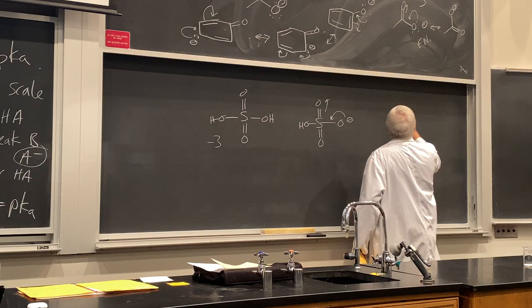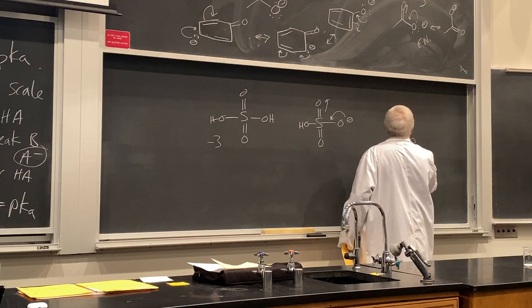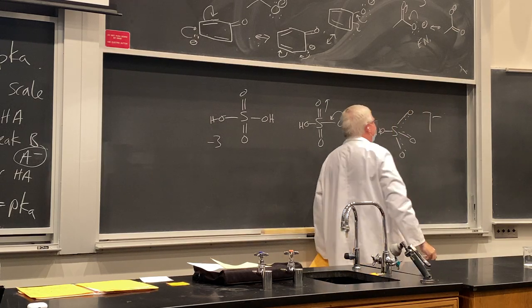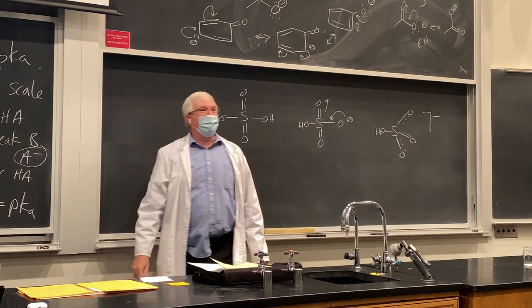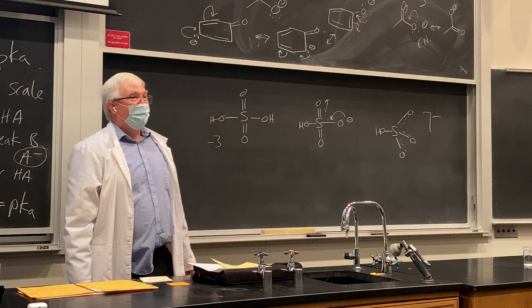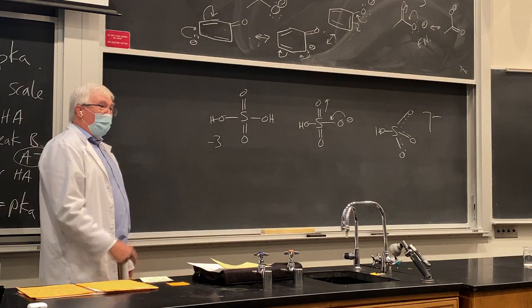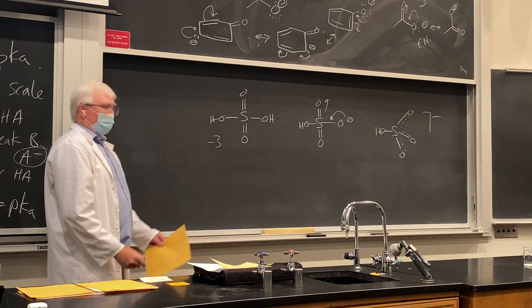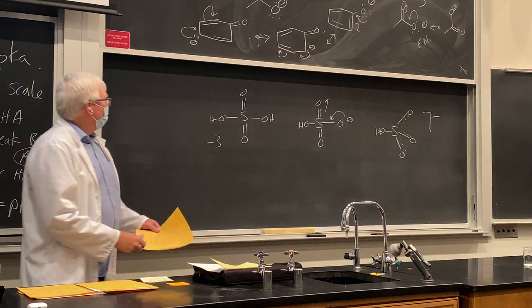And so you could say it looks like this. Okay, where that negative charge is over 3 different electronegative atoms, okay? So the pKa is lower and the acid is stronger than acetic acid. Is that okay? So these factors are universal that way.